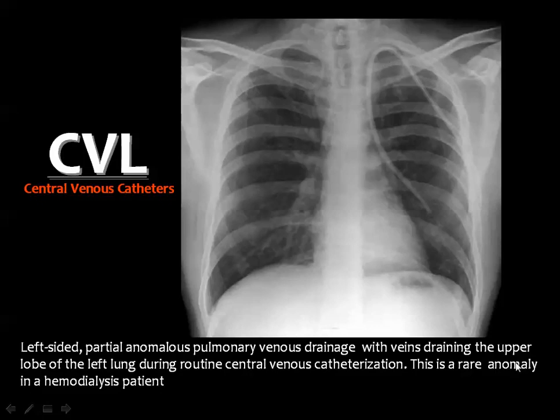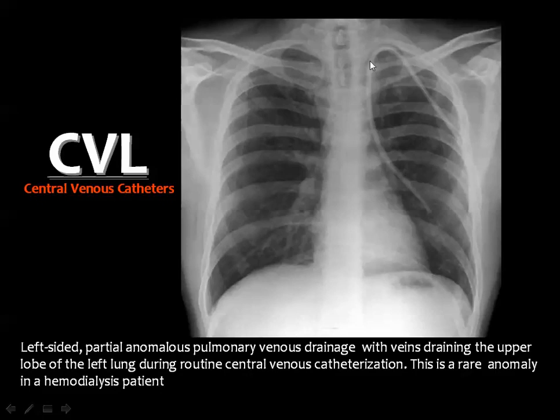This patient happened to have an anomalous venous drainage, where instead the catheter should cross the midline through the innominate vein into the superior vena cava.